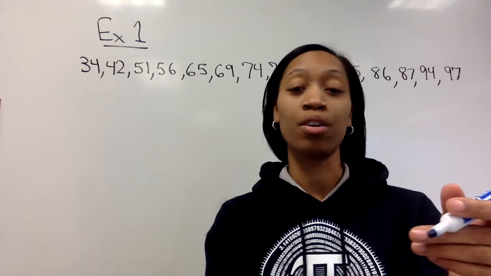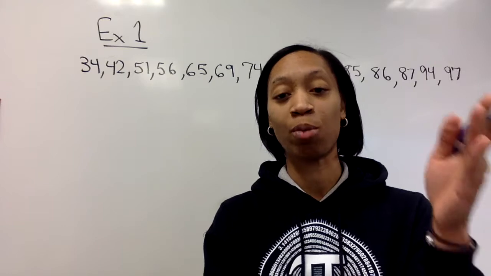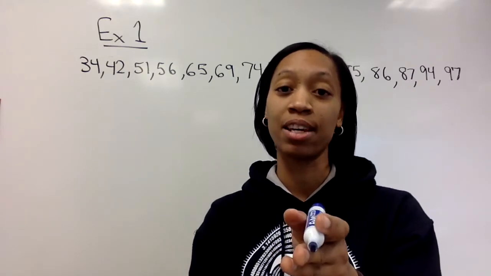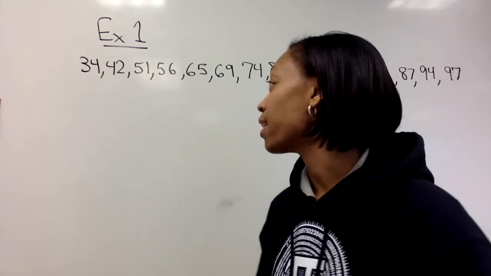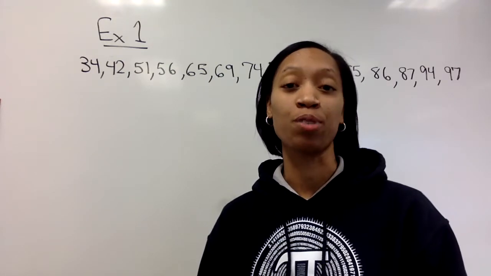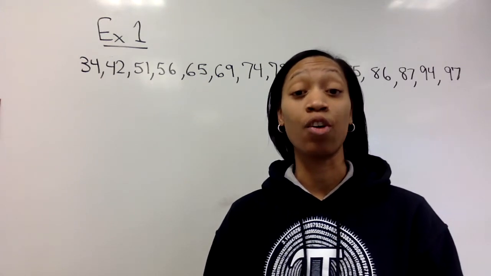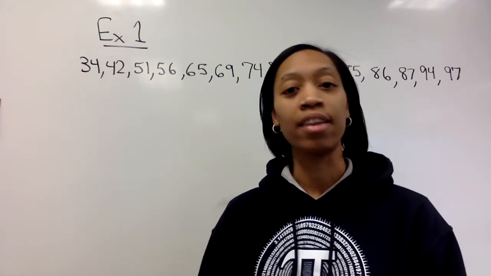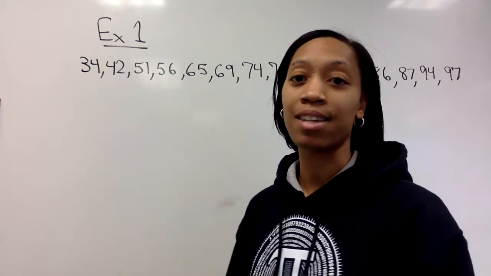Those put the data into fourths, right? So we're talking about 25%, 50%, 75%. One of the things that we might want to find here is the 25th percentile. The 25th percentile is the quartile 1 in the data set. So let's see if we can find the 25th percentile of this data.